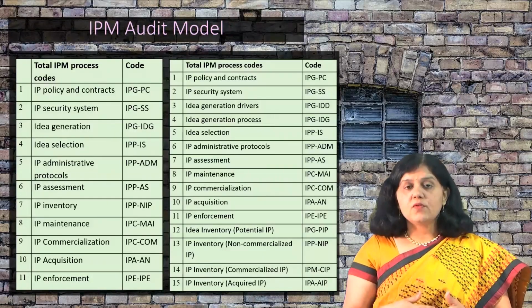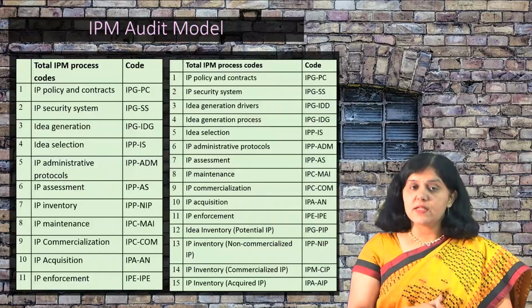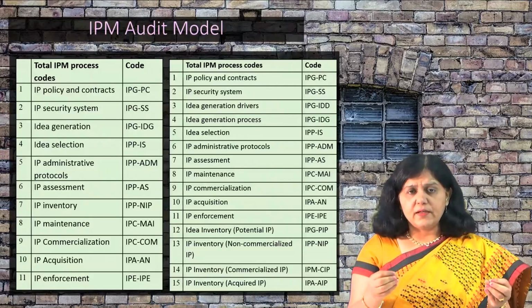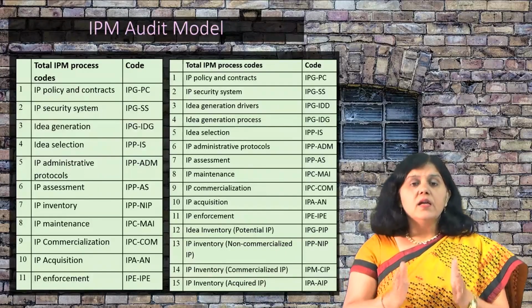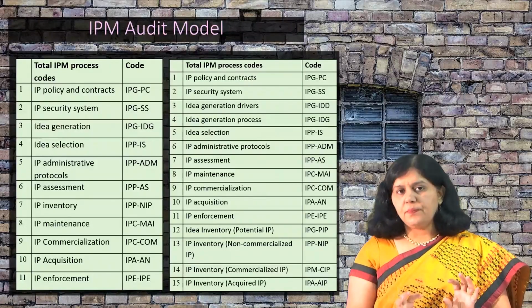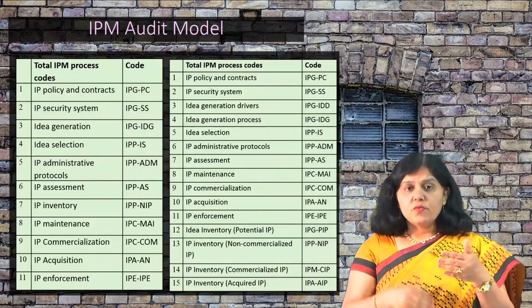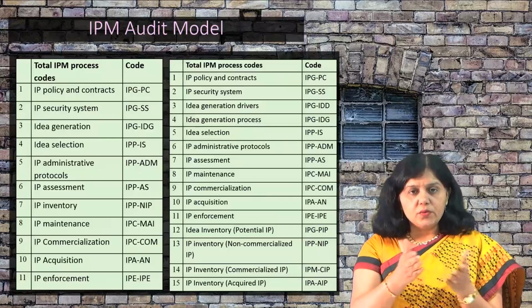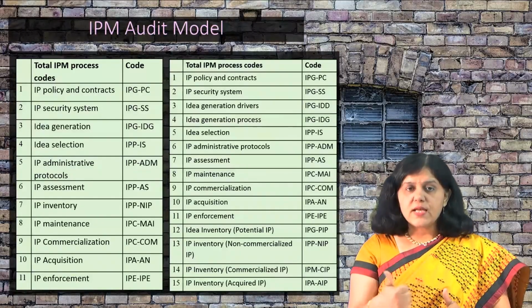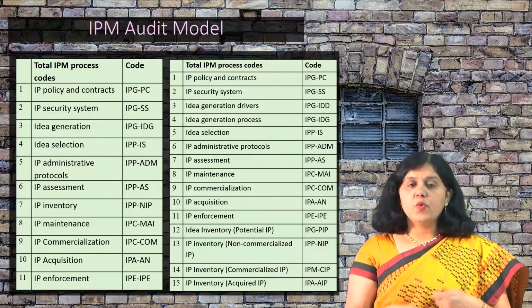Then, maintenance of inventory when doing IP management is very important. Organizations keep varieties of inventories, created based on different parameters. Here we have suggested we can develop 4 major inventories, within which you can think of many different kinds of inventories. We divided the inventory into IP inventory, either commercialized, non-commercialized, or acquired, and the idea inventory, that is a potential IP.